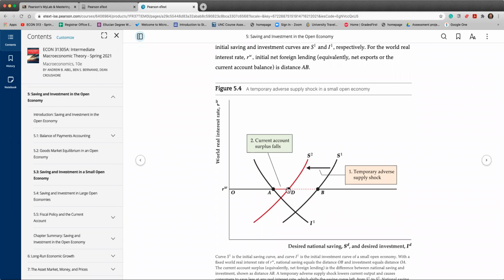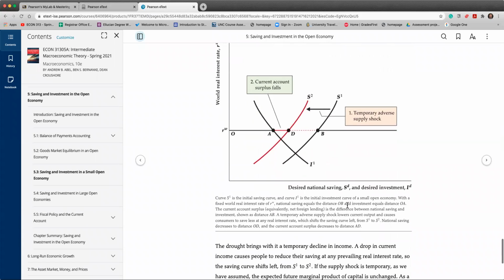And so now we can say, well, what's happened to saving? What's happened to investment? The interesting thing, nothing's going to happen to investment here. If we drew a line down, right, that hasn't changed when this curve shifts, but the quantity of saving has declined, right? And also the current account surplus has gotten smaller too, the difference between those two lines, right?